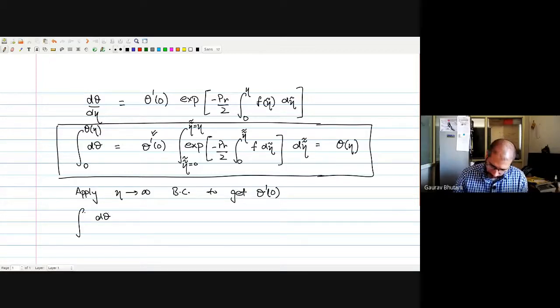Let's apply the boundary condition where at eta tending to infinity, theta is equal to 1. On the right hand side, you have this theta.